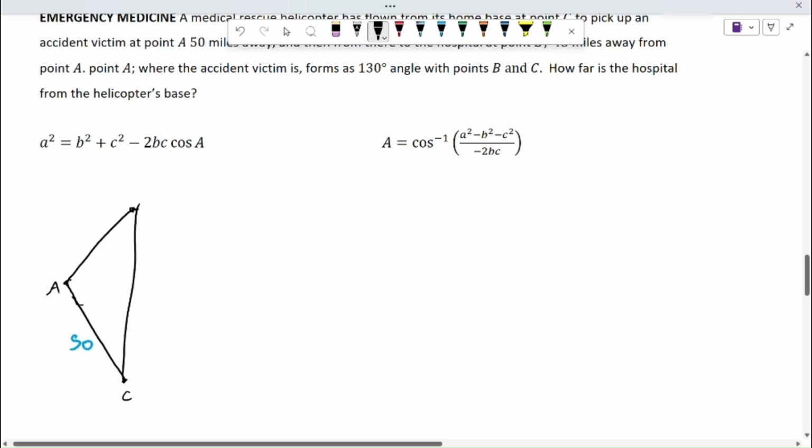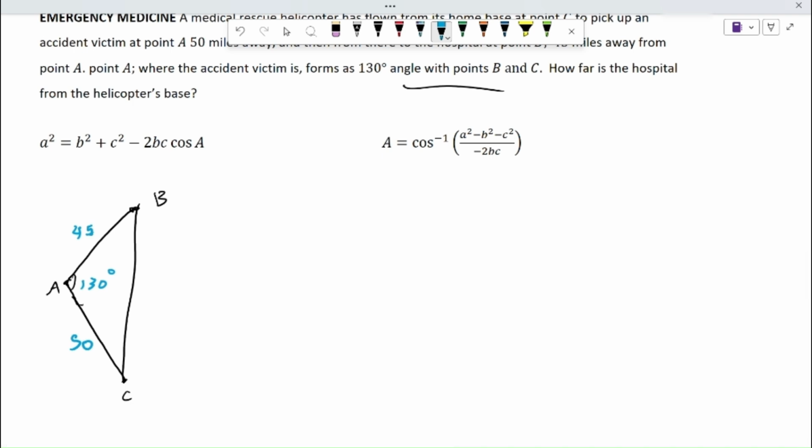And then this angle A is 130 degrees because that's the conjunction between points B and C. So point A forms a 130-degree angle with points B and C. CAB, that's our triangle, if you want to look at it that way. And of course, this side AB is 45, and this angle is 130 degrees. So that's the triangle we have, and that's all we need for our sketch.